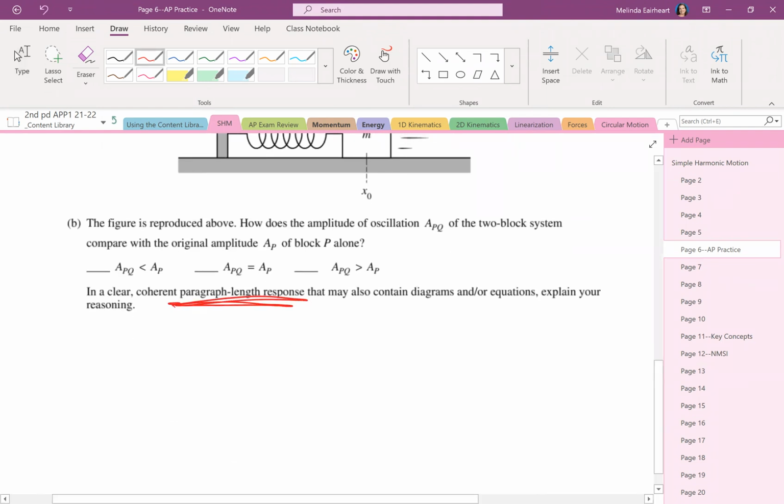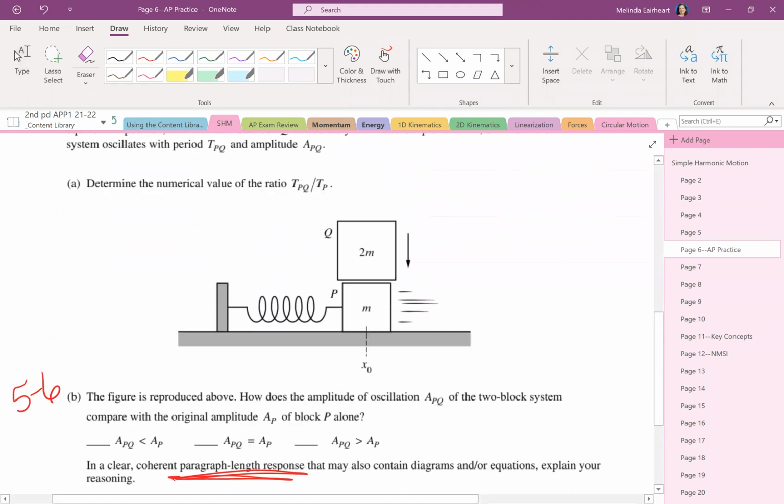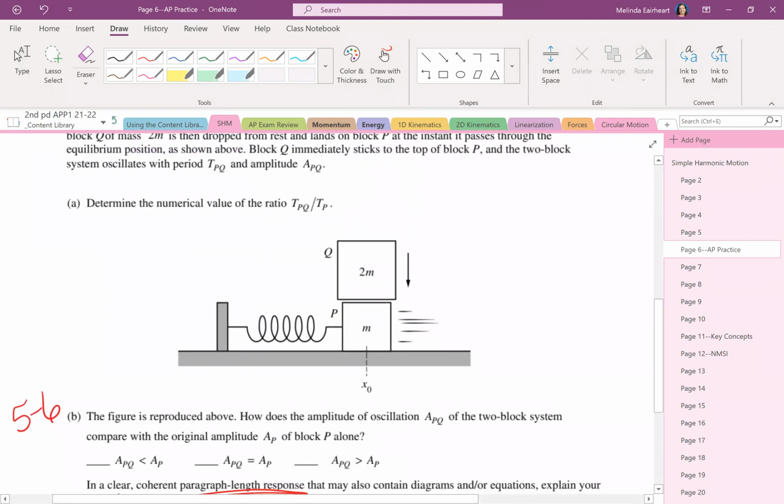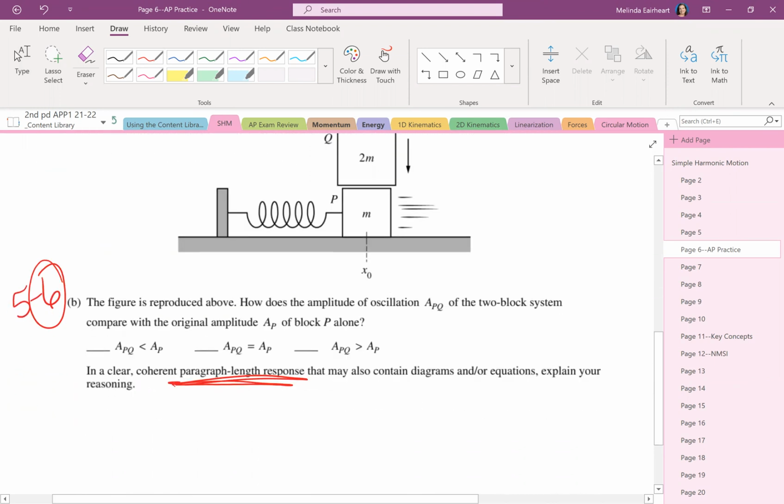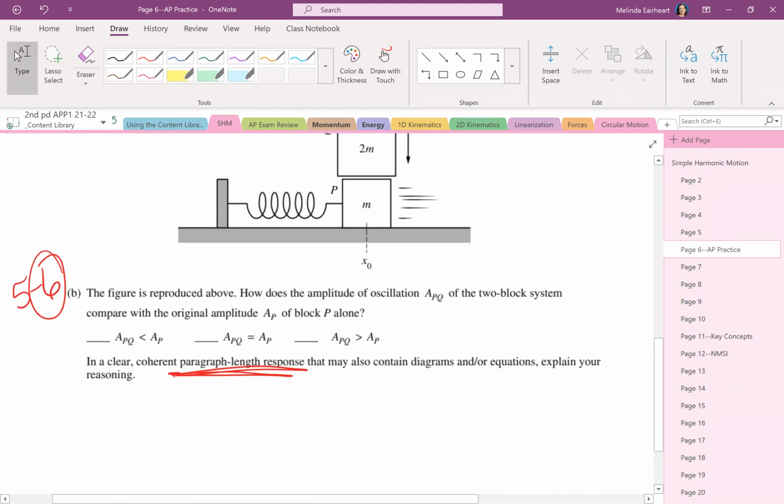We've done these before. It doesn't tell us how many of the 7 points are here, but usually 5 to 6 points. Since A just determines the number, I'm going to guess that's 1 point. I know you're thinking it, oh, the checkbox is going to be a point. Usually those are not a point. It's all in the justification.